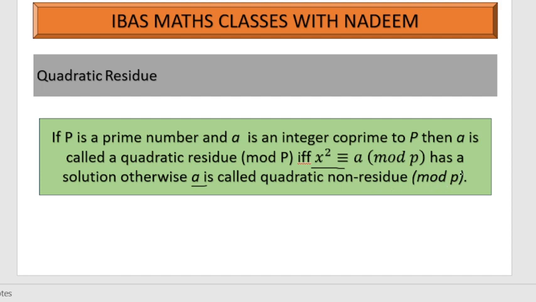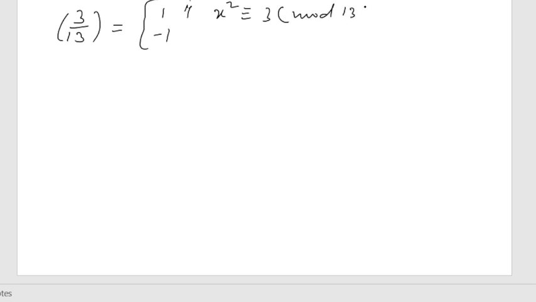For example, we need to find the value of the Legendre symbol of 3 divided by 13. According to the definition of the Legendre symbol, it is either equal to 1 or -1. It is equal to 1 if x square is congruent to 3 modulo 13 has a solution.